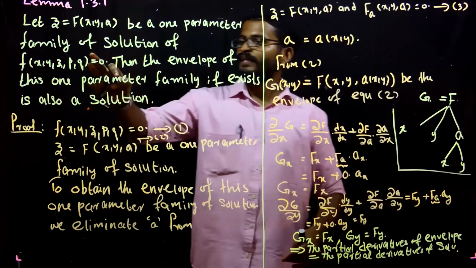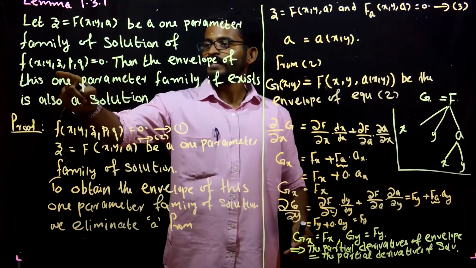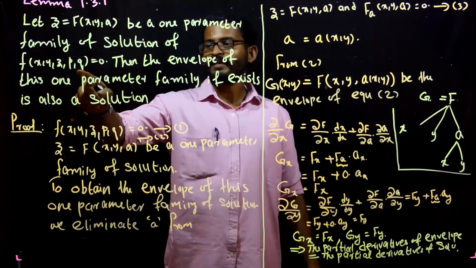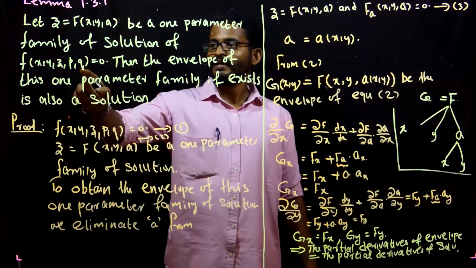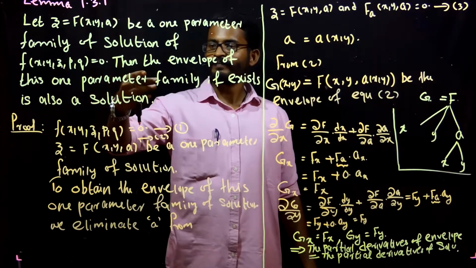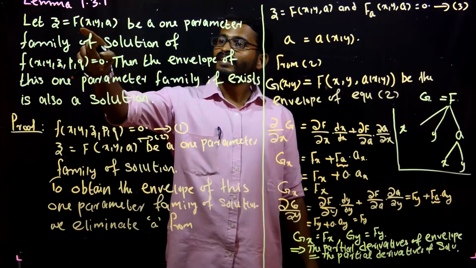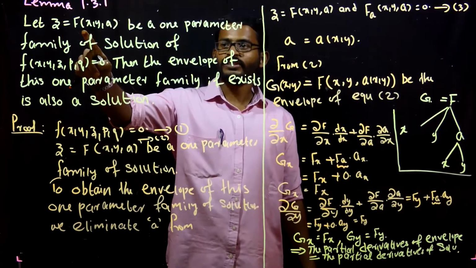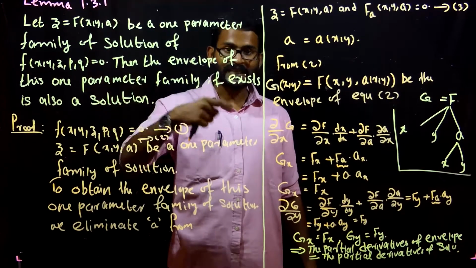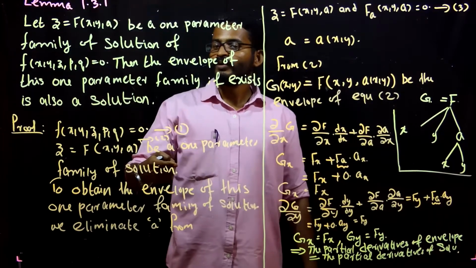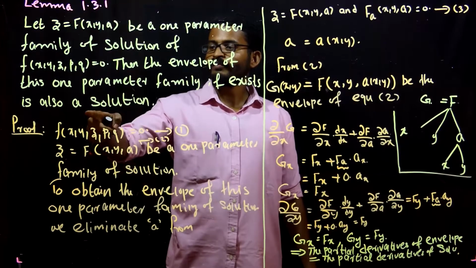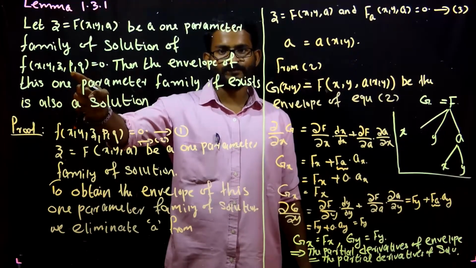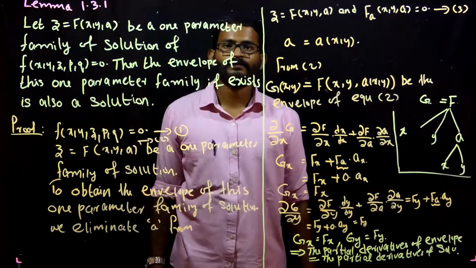That is, if this one parameter family of solutions of the first order PDE has an envelope, then that envelope also will be a solution of the given PDE, and hence the lemma.